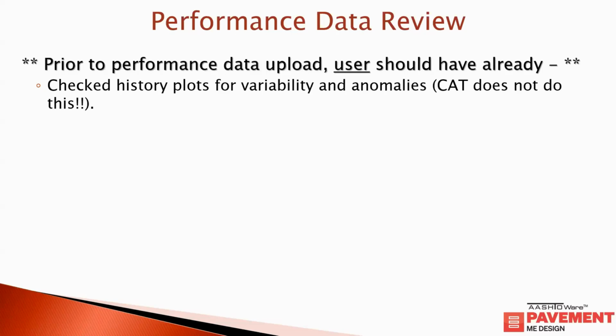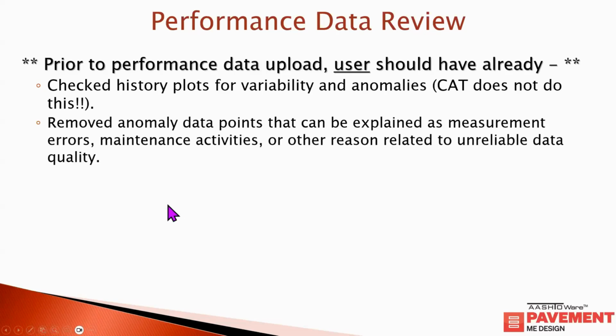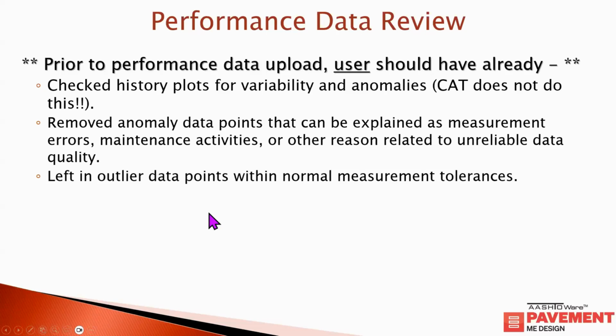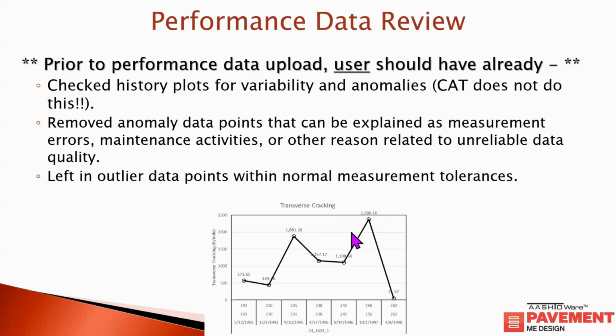You need to do that for each specific pavement section that you're running through the CAT, and then you remove anomalies that can be explained as measurement errors, maintenance activities, or any other justifiable reason, and then leave in anything that may look a little funny but is still within your normal measurement tolerance.